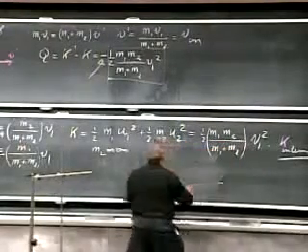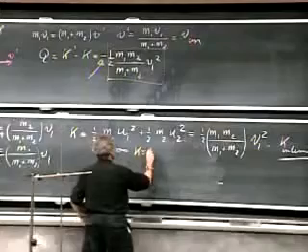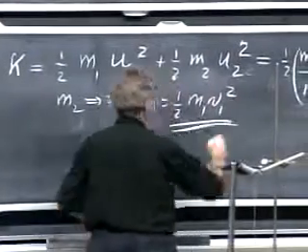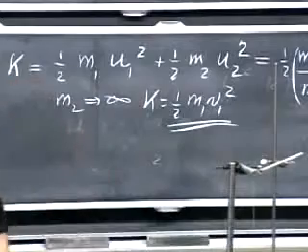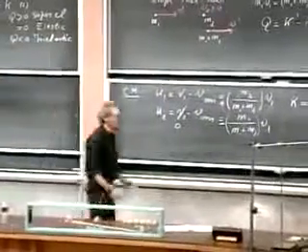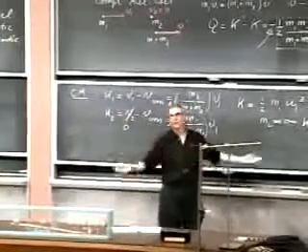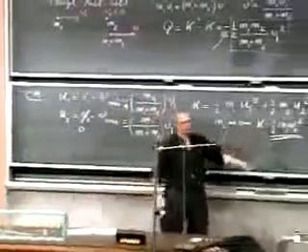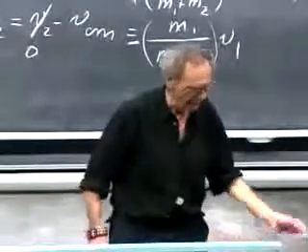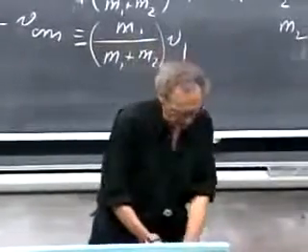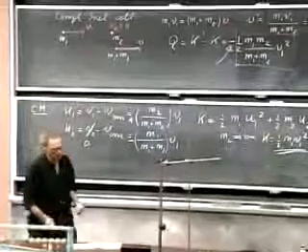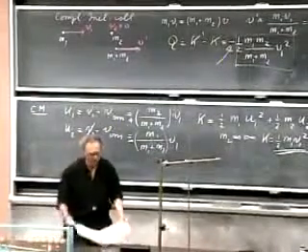You get 1/2 M1 V1 squared. And that's obvious. That's completely trivial. I have a piece of putty. I slam it against the wall. It has a certain amount of kinetic energy. Whether you sit in your reference frame or in the reference frame of the center of mass, it's immediately obvious that all the kinetic energy is lost, and that's exactly what comes out of these equations.